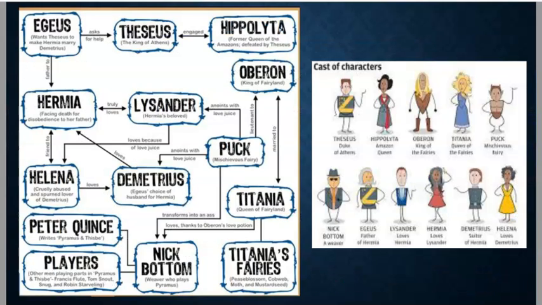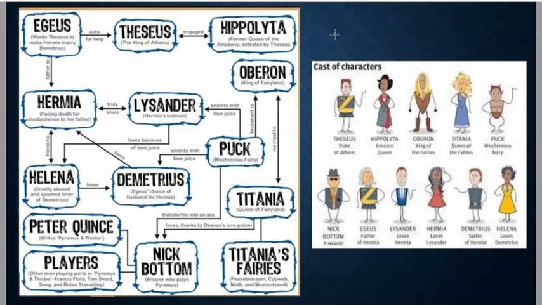Also in that website, you'll see this character map. Okay, we have all of the main characters and who they are and what they do, and also how they are connected with these arrows to all of the other characters in the play.